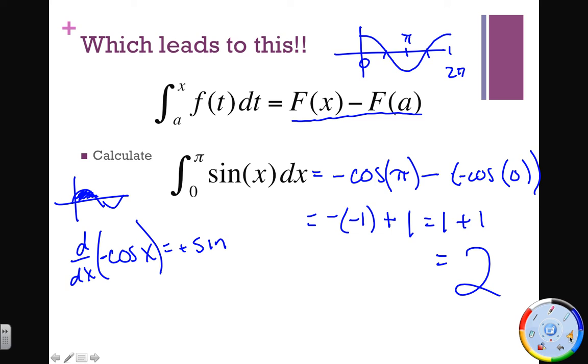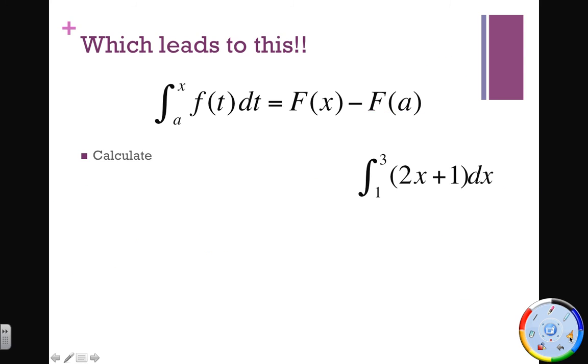All right, let's look at one more kind of like this, and I kind of made this one up, so hopefully this one works okay. Let's find the integral from 1 to 3 of 2x plus 1. Now, I know we can do this using a trapezoid, but I want to actually do this using this new process, right? So let's think about whose function has a derivative of 2x plus 1.